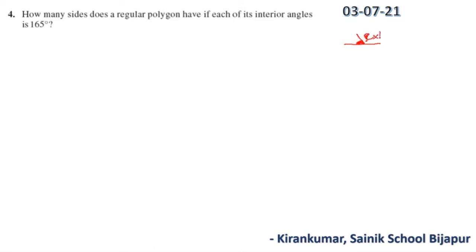This is exterior, this one is interior. Therefore, interior angle plus the exterior angle is 180 degrees by linear pair.